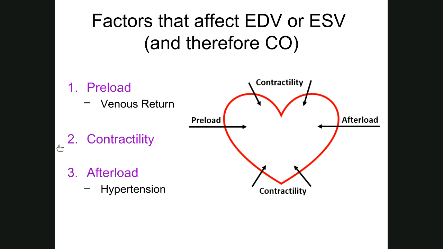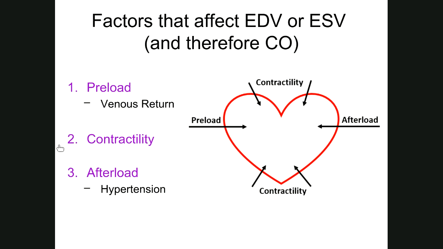And because of that affect stroke volume and therefore affect the cardiac output. So what I want to do with this slide is talk about what these 3 things are, kind of define them for you, look at whether they're affecting ESV or EDV, and then with the last slide, we'll talk a little bit about how they're affecting EDV or ESV and what effect that translates to with cardiac output.